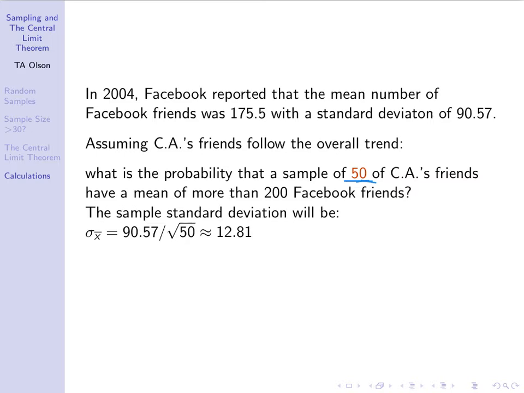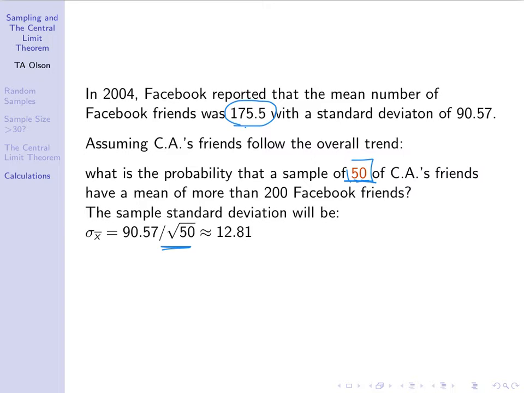So we know that the sample means are going to come from a normal distribution with a mean of 175.5. And the standard deviation is going to be shrunk by the square root of the number of data points.